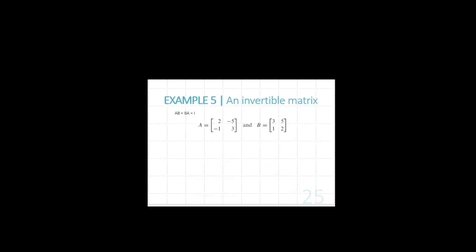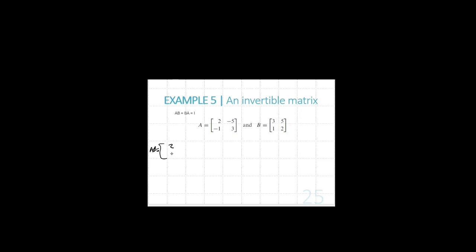This is where you would want to prove to yourself that this holds true: if it's an invertible matrix, we should find that the product AB equals BA, and both equal an identity matrix. So we are looking at example 5 here. If we have AB, we're going to be doing it in this order.